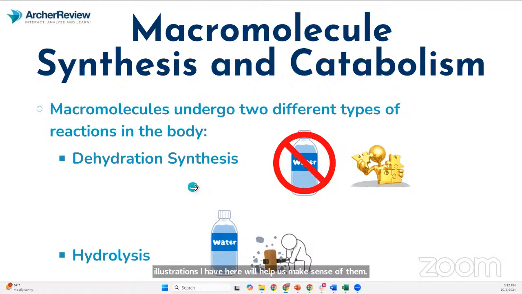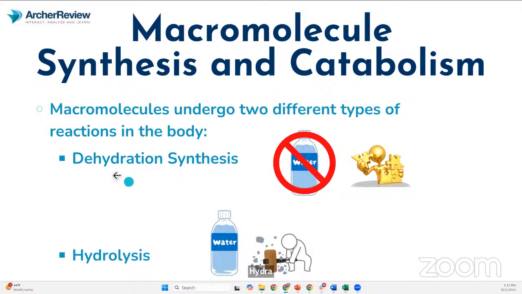So the first chemical reaction, called a dehydration synthesis, is where we're building the macromolecule. So remember, synthesis means to make. Now let's think about what we know about this word here, dehydration. Hydration, hydra, water. D generally means removing or in opposition of, things like that.